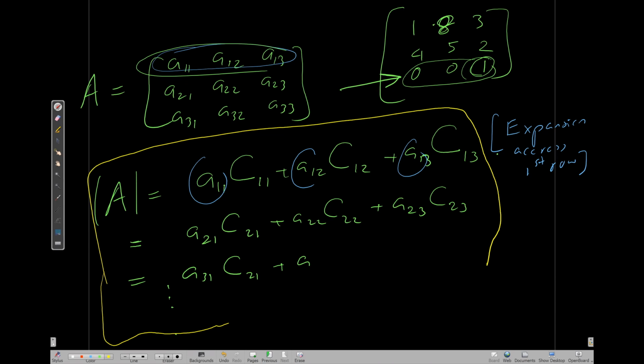Let's do this. How about this exercise for the next video? The matrix has the entries negative 3, 5, negative 1, 0, 1, 2. The exercise is to find the determinant using whatever column you like, whatever row you like. Try to use more than one row or column.